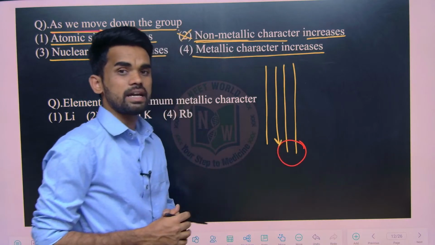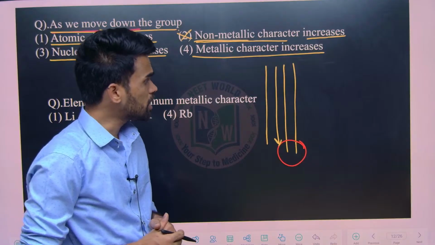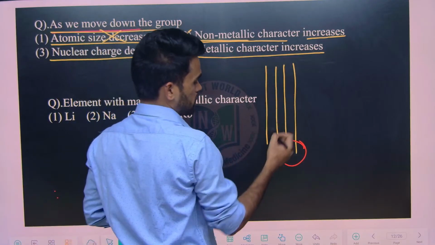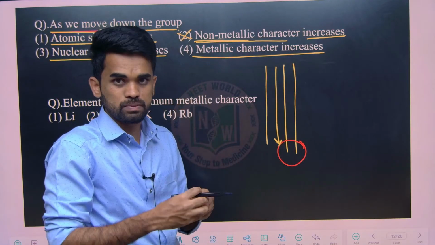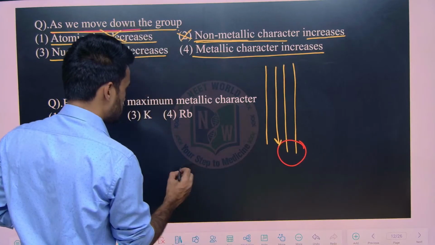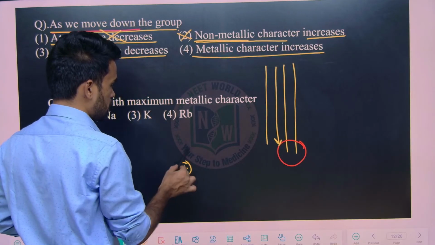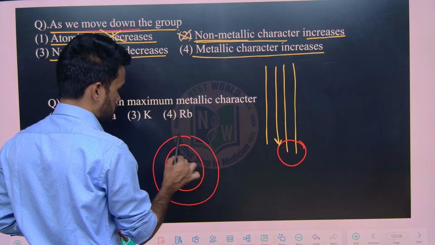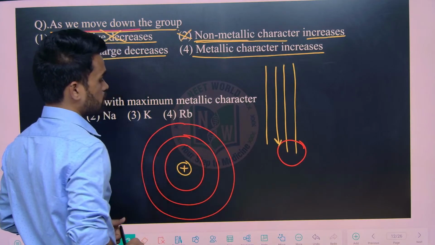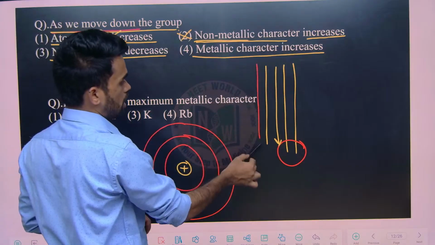Why does metallic character increase? Because down the group the tendency to lose the electron is more. Suppose this is the nucleus, and these are the orbits in which electrons are revolving. As we go down the group, what happens to size?